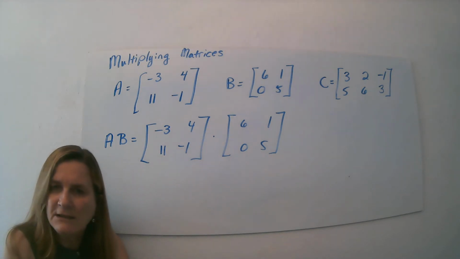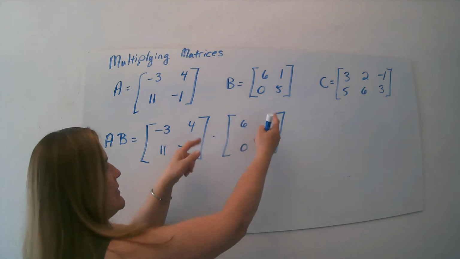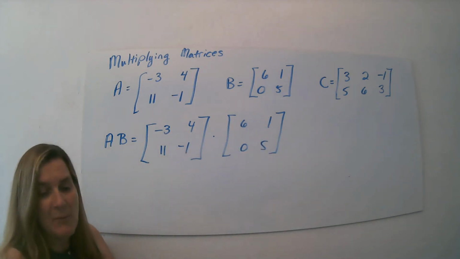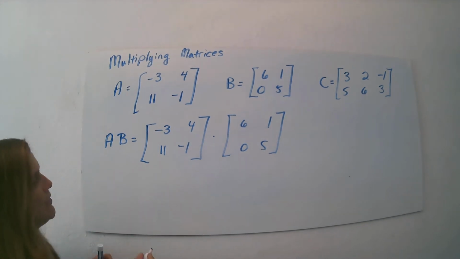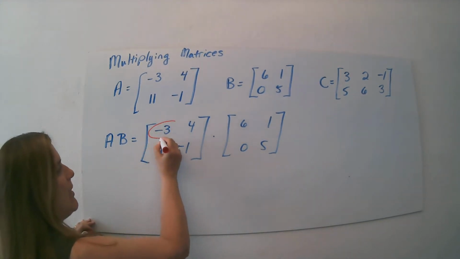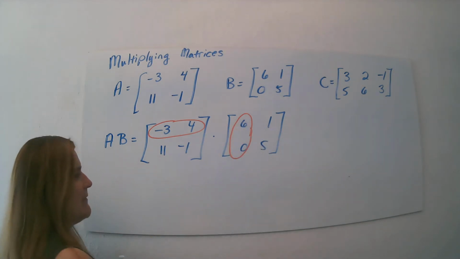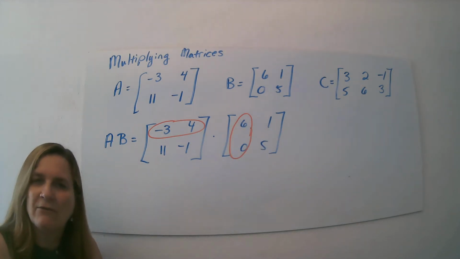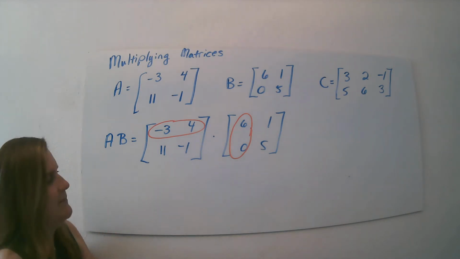It is not as we did with addition of matrices where you could just look at corresponding entries. That is not the way multiplication works. So here's what we're going to do. We're going to look at this row and this column, and we'll put them together the same way we did in the product of that previous row and column.